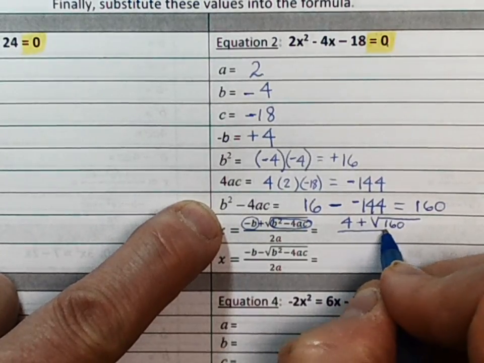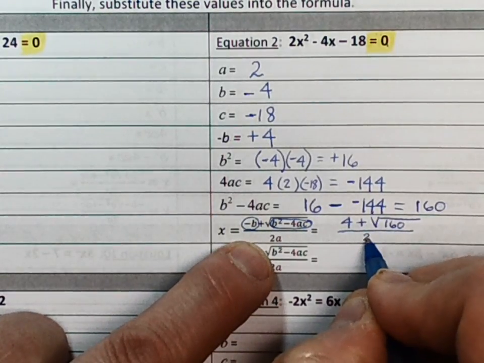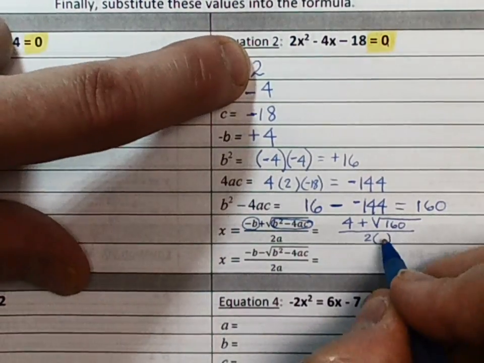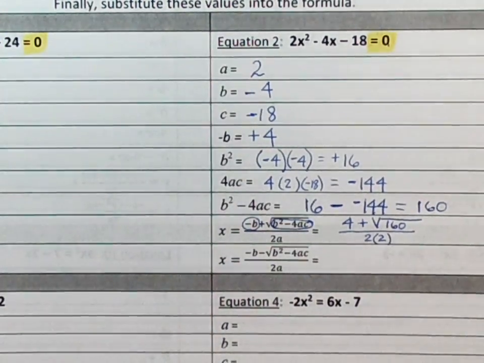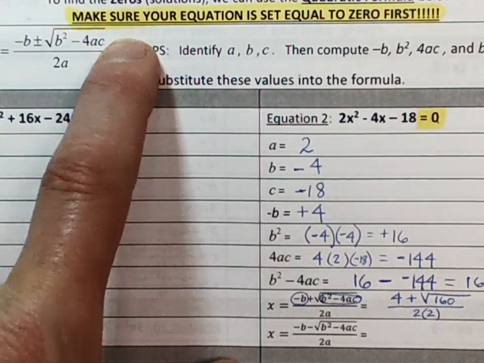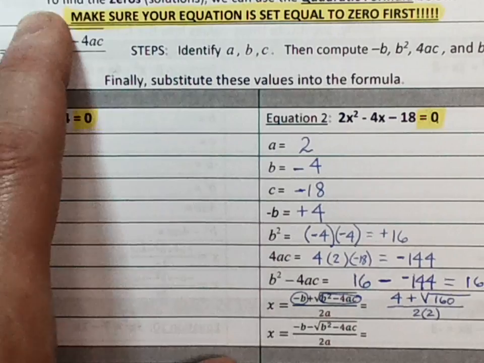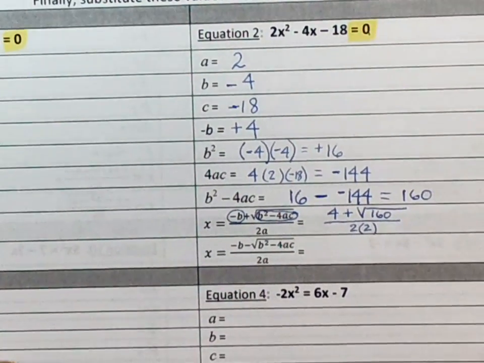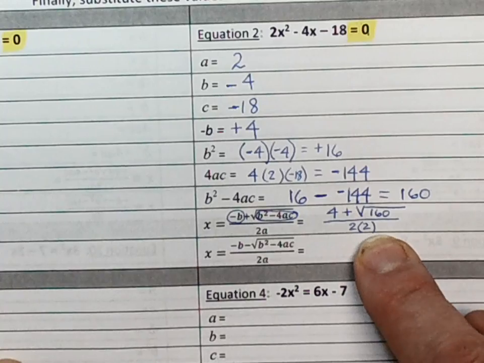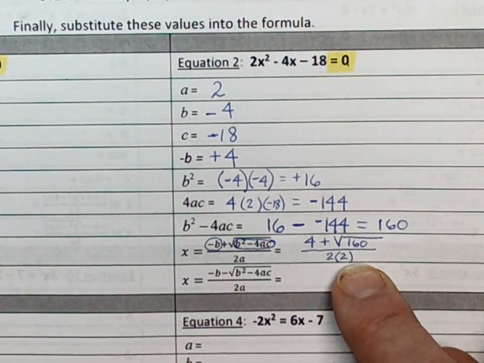And all of that is divided by 2 times a. Look at your list. A is 2. So this horrible looking monstrosity with letters and square roots and all of that stuff right there, we have put numbers into place. And so we're going to have our answer.